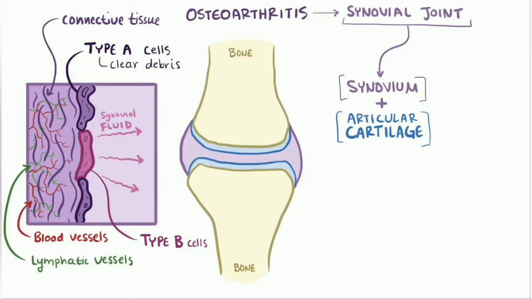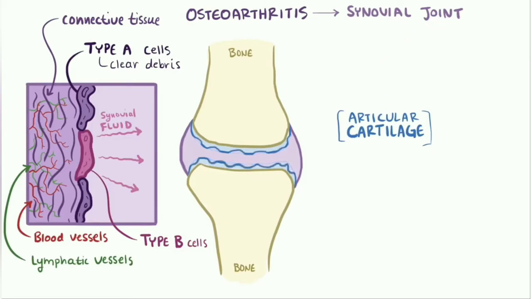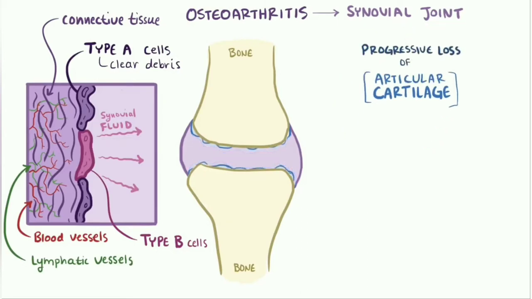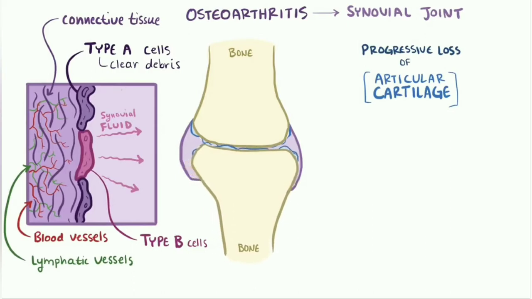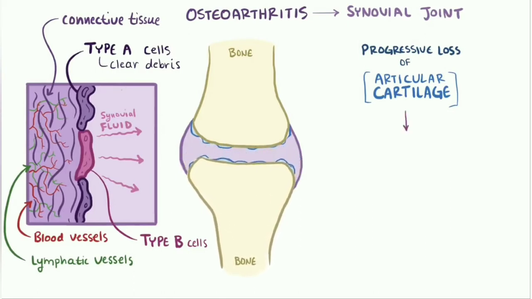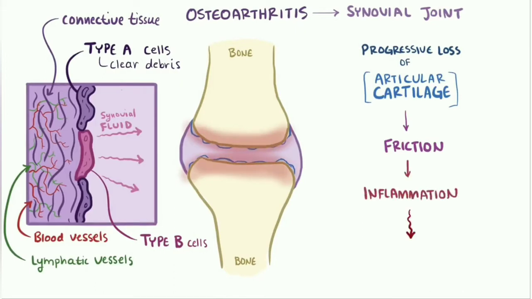The main issue in osteoarthritis is the progressive loss of this articular cartilage, which means not much is separating the two bones anymore. This adds a significant amount of friction between them, which then generates inflammation and triggers pain in the nerve endings of this joint space.